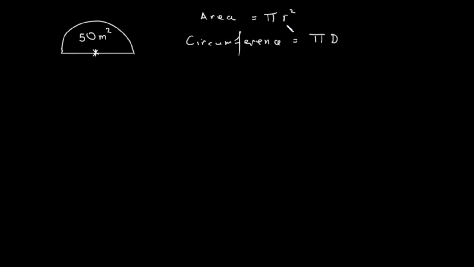If you consider the radius, this bit here, if that bit there is your radius, then it's also the same size here, and here is your diameter. Then 2 lots of radius equals the diameter.